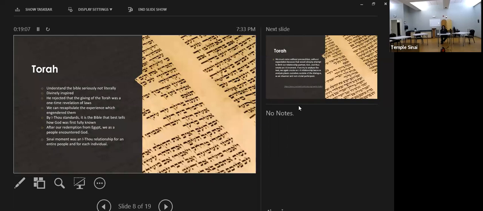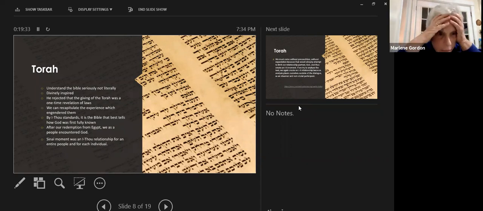Okay, let's go on for a second to the Torah, which is Buber's next. He goes through a whole bunch of different categories, and Torah is among them. He wrote very clearly that we should take the Bible seriously, but not literally, which is interesting. That in all likelihood it was divinely inspired but written by human hands.